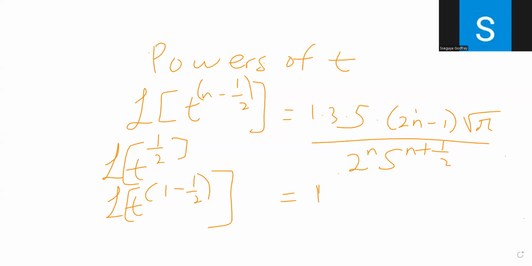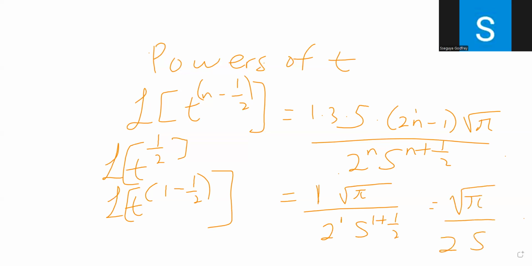Already I'm having my 1 here, so we don't continue with these values because there is no way we are going to generate them; we are only stopping on 1, which is this last term, times root pi all over 2 to the power 1, our value of n, times s^(1+1/2). And this will be root pi over 2 s^(3/2).